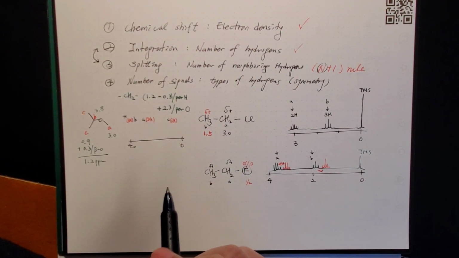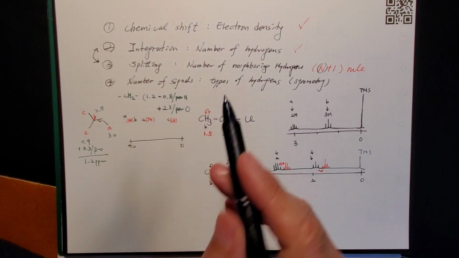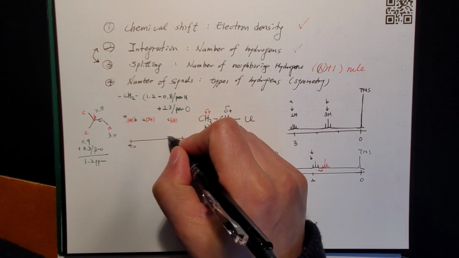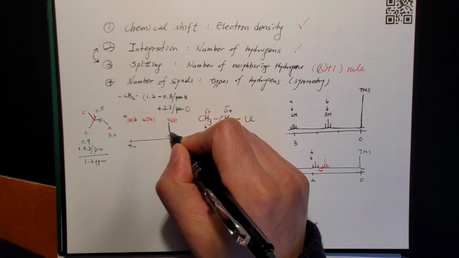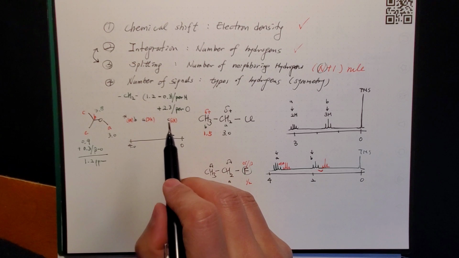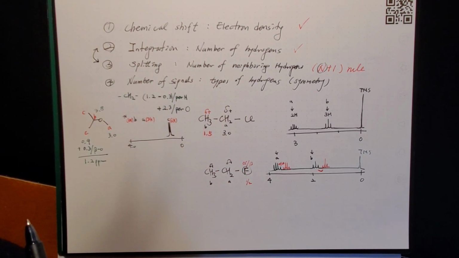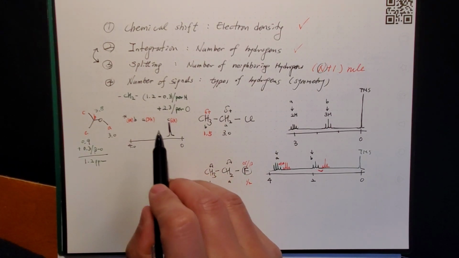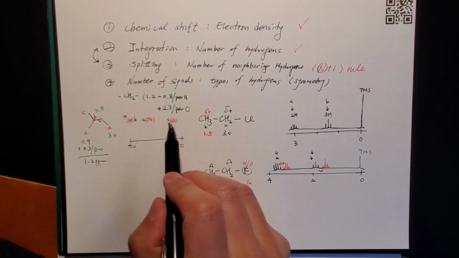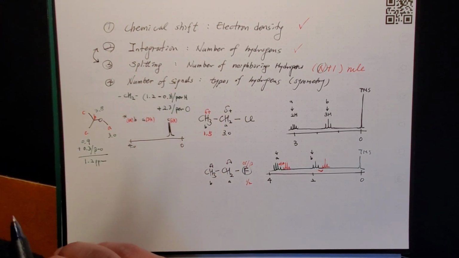So 2 lines to show 6. So one line probably represents 3 hydrogens. So I don't really make 2 separate peaks. This is one signal and 2 little lines with the spacing. Okay.